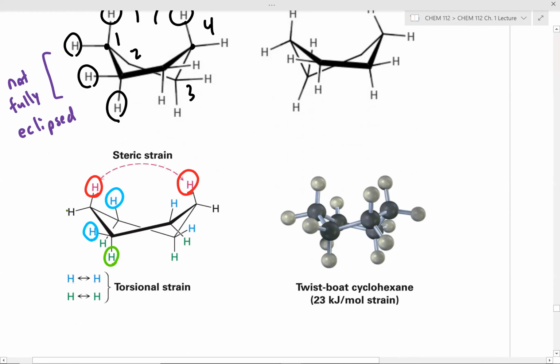And this is really easy to see in the model picture right over here. As you notice, if we compare these hydrogens on adjacent carbons, these are somewhat staggered. So they aren't fully eclipsed. Likewise, if we compare these two hydrogens, they are not fully eclipsed.